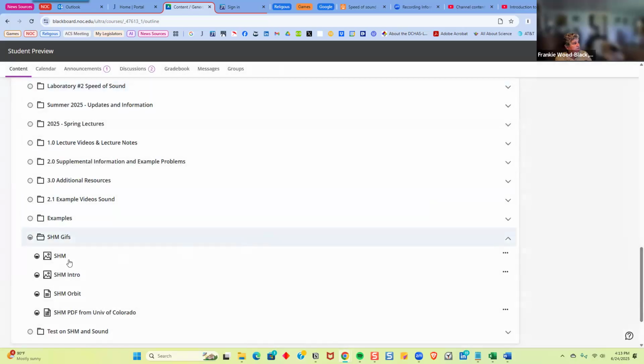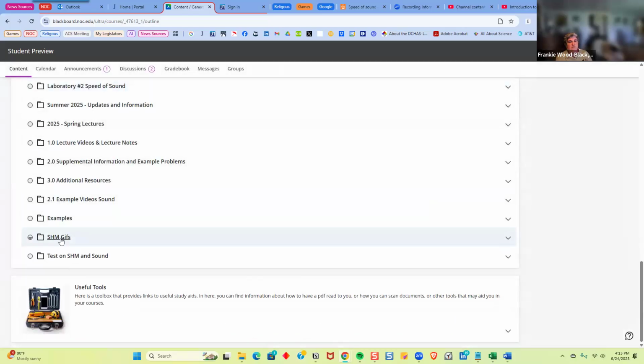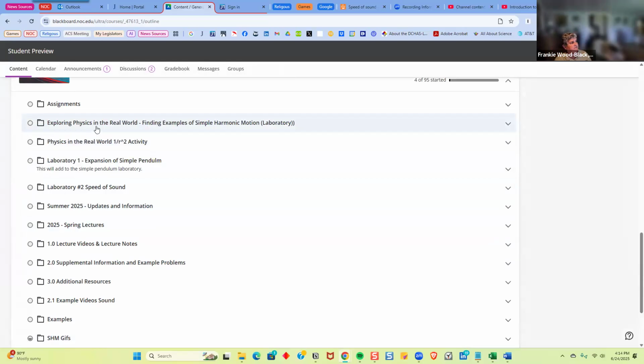Those give you some visual pictures of what it is we're talking about in simple harmonic motion. A swing, which is going to act like a pendulum, a fan, a tire rotating around, something on a record player or CD player. You've got lots of examples of simple harmonic motion.